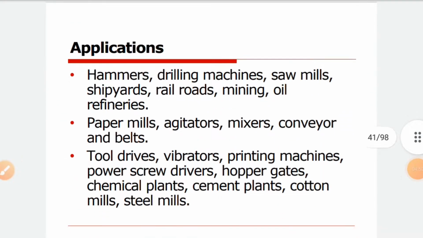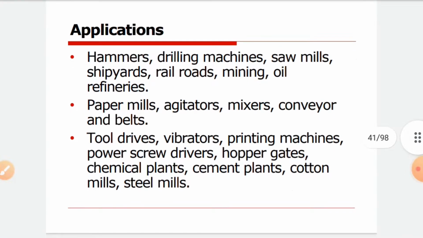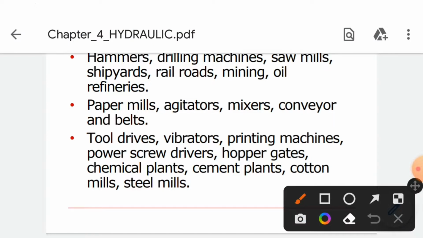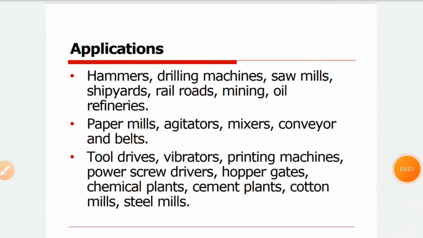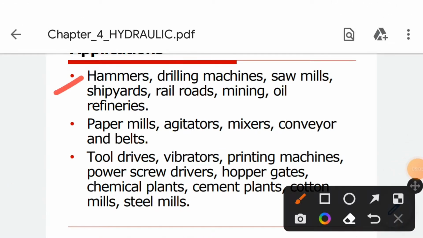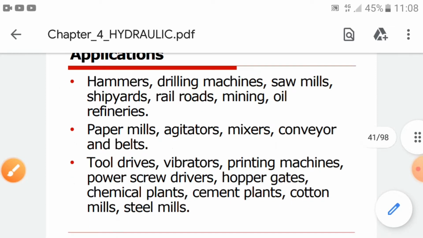Next point is applications. The first applications are hammer, drilling machines, sawmills, shipyards, railroad, mining and oil refineries. Next applications are paper mills, agitator, mixer, conveyor and belt.